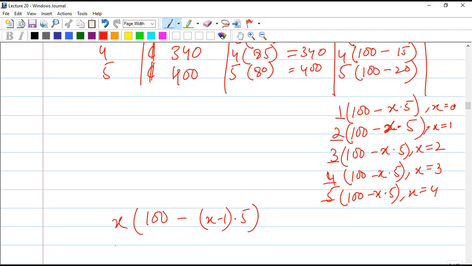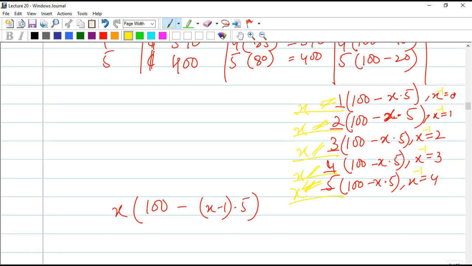So what we have done here is, we have just made this one as x. We call it x equal to 1, x equal to 2, x equal to 3, x equal to 4, x equal to 5, and we call them here x minus 1. So then we have x into 100 minus x minus 1 into 5.